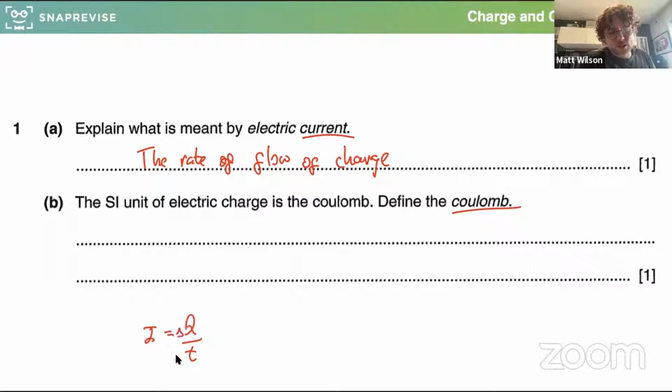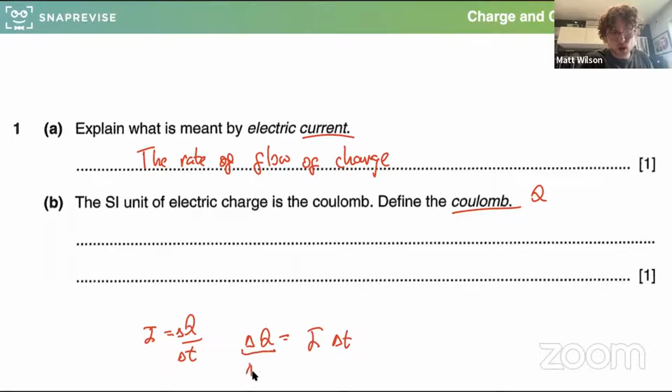If we want to talk about the coulomb, which is about charge, we can rearrange this equation. Charge is current times time. Now that we have this defining equation for the charge, we can define what one unit of this is.